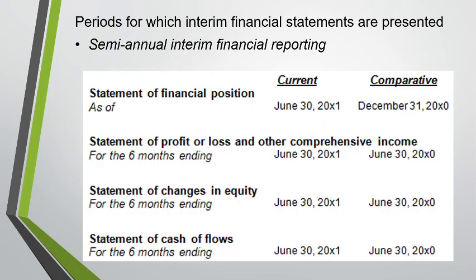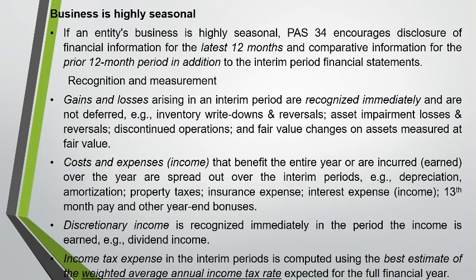So, the periods in which interim financial statements are presented are, for semi-annual interim financial reporting, the interim financial report as of the current date and then comparative with that of 2020. And then the statement of profit or loss and other comprehensive income, you may have 6 months ending, and then the statement of changes in equity for 6 months ending, and also the statement of cash flows.